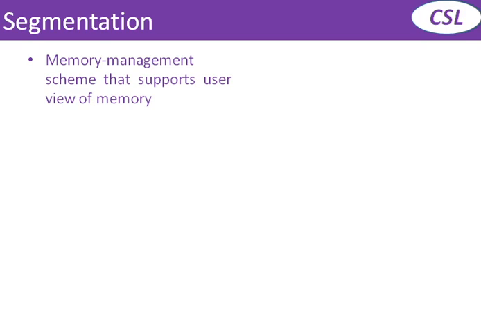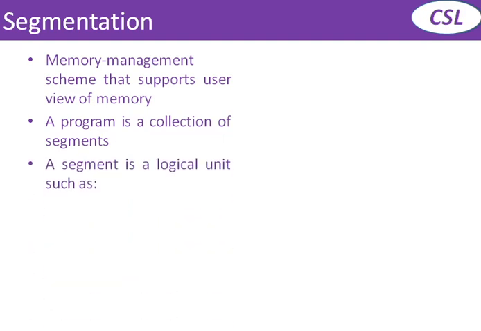In segmentation, we divide the memory into different parts according to the user's view of memory. That means the program is a collection of segments, and a segment is a logical unit.